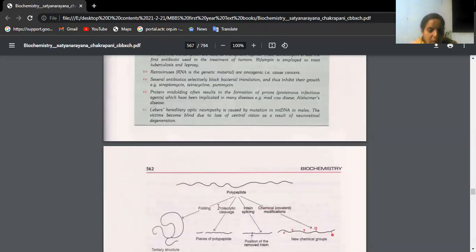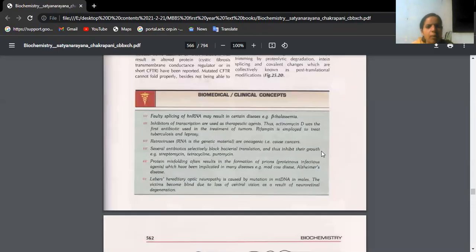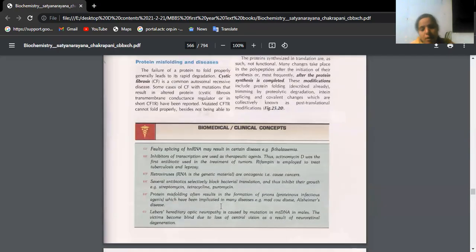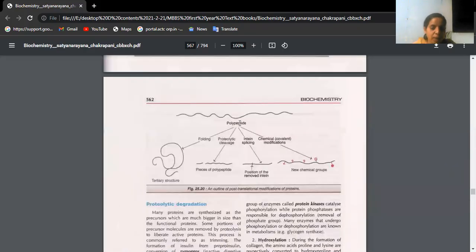What does the polypeptide chain undergo? This may come as either 3 marks or 5 marks, but more than translation, post-translational modification of proteins is the most frequent question. Once the polypeptide chain comes out in crude form, it will undergo certain changes. It starts folding on itself, which you call the tertiary structure.